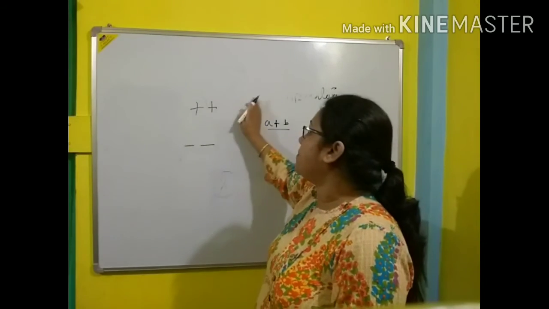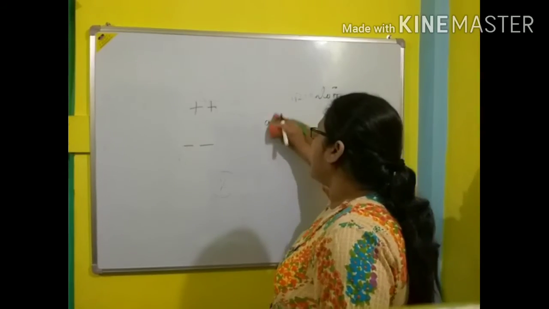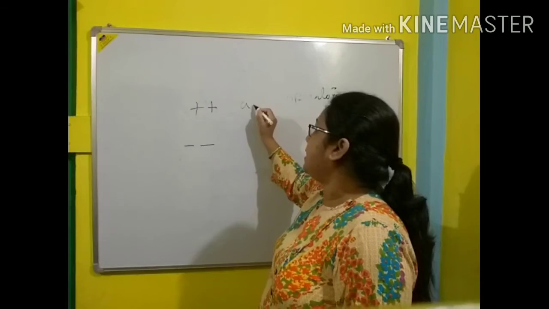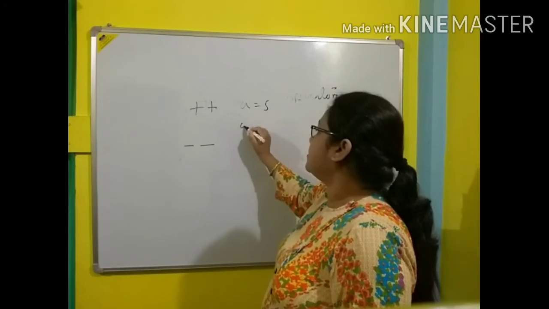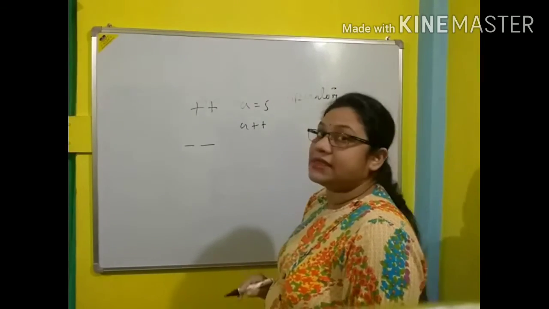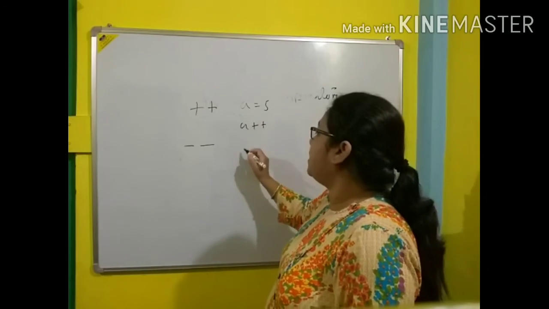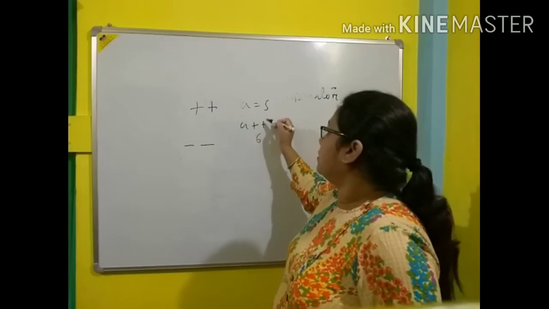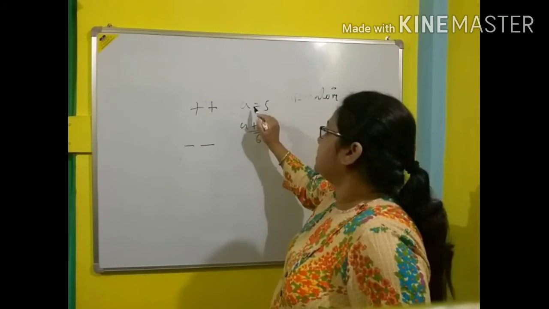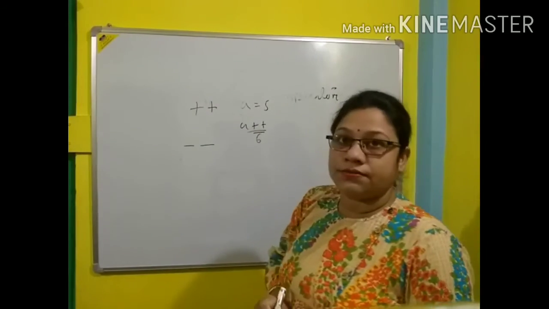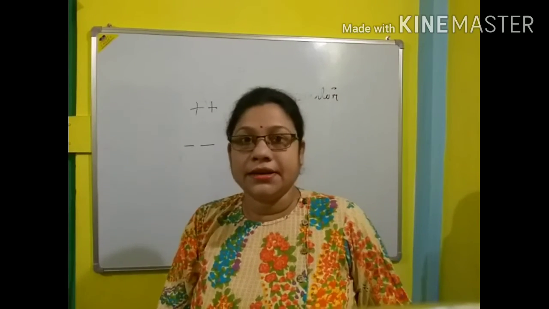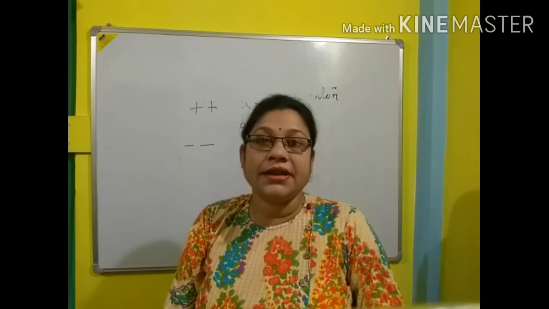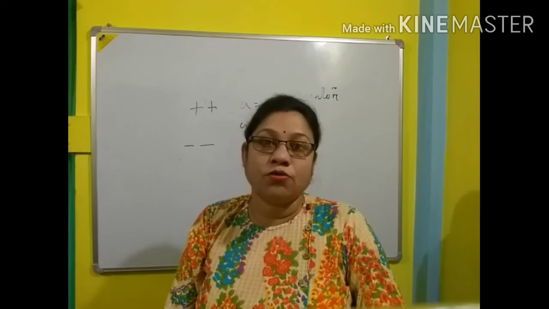The increment operator is used to add an additional 1 to the variable. So if you write a is equal to 5, then after a plus plus, the value of a will become 6, because initially the value of a is 5, and the increment operator increments the value of a by 1.